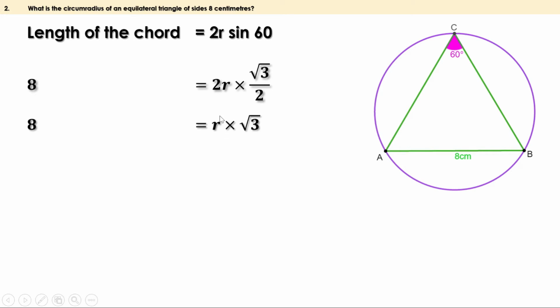To find the value of r, let us take root 3 to the other side. 8 by root 3 equals r. That means the radius of the circle, or circumradius of this equilateral triangle, is 8 by root 3 centimeters. Next problem.